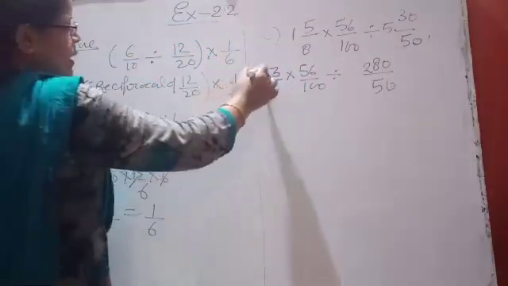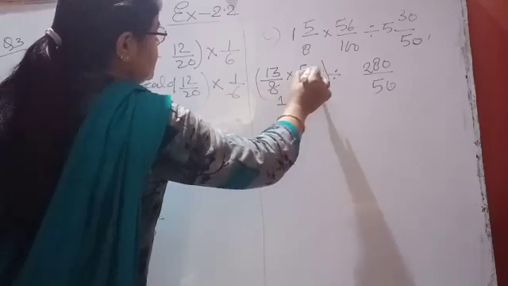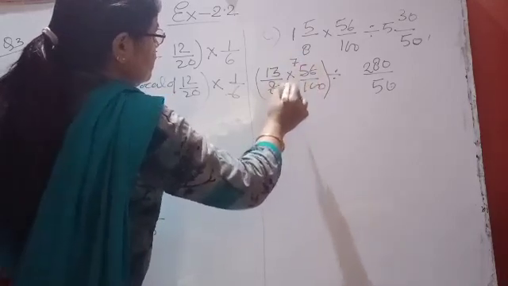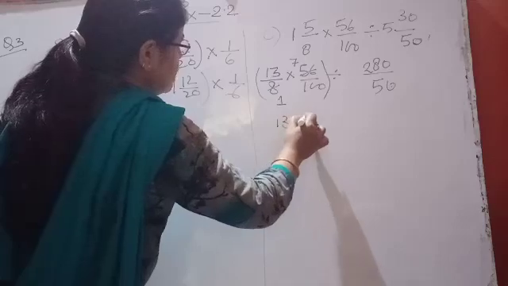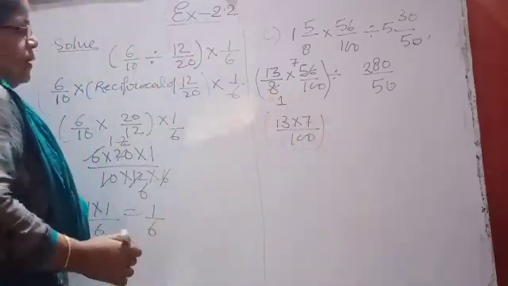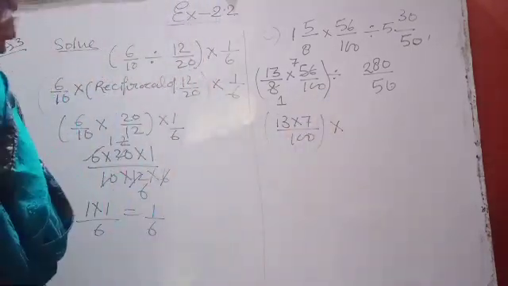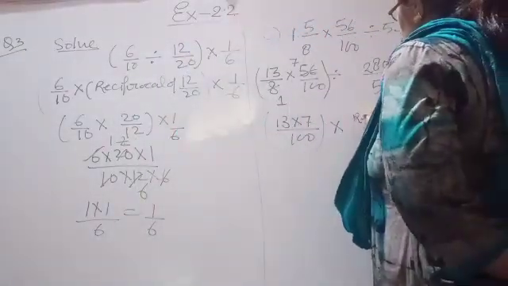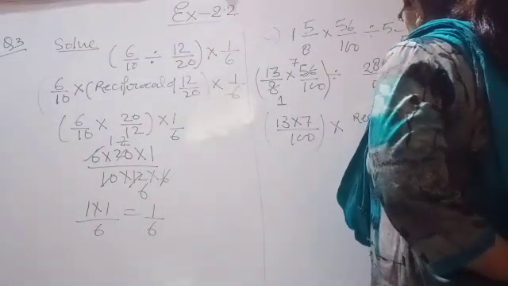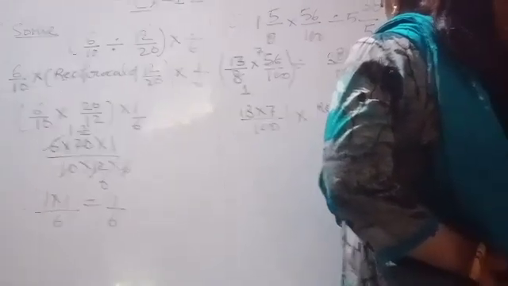You can make them in this way, 8 1s are 8, 8 7s are 56. So it will be 13 into 7 upon 100, 100 into 100. Now division will be converted into multiplication, and what will be there then? The reciprocal of 280 upon 50.